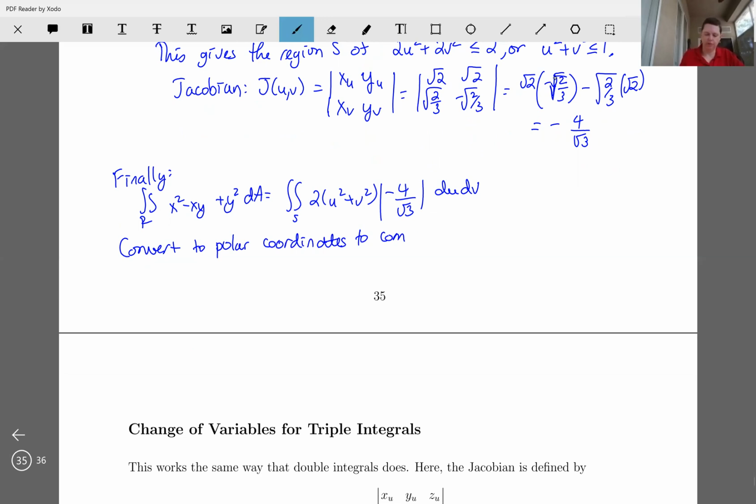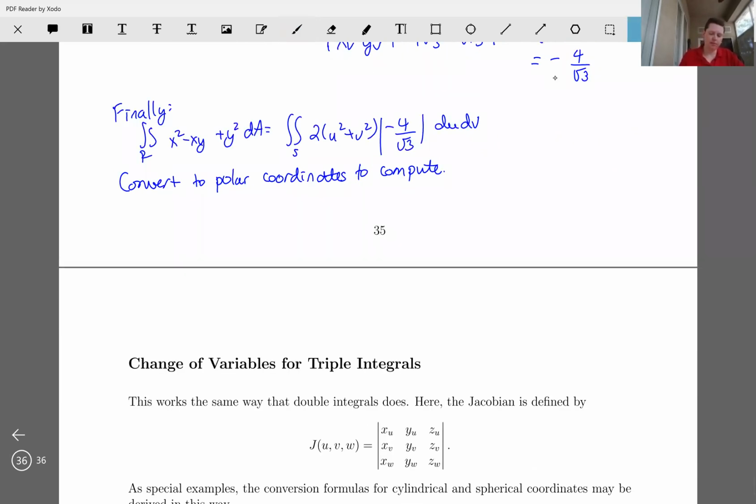So I will do a short form of that. So we're going to get the integral from 0 to 2 pi, integral from 0 to 1, 2r times 4 over root 3 times r dr d theta. I meant to say 2r squared.